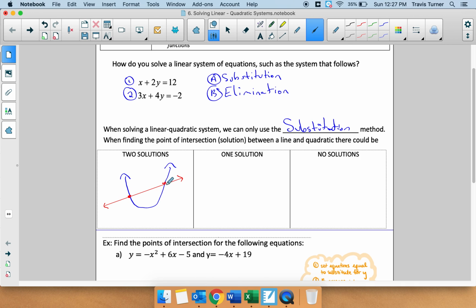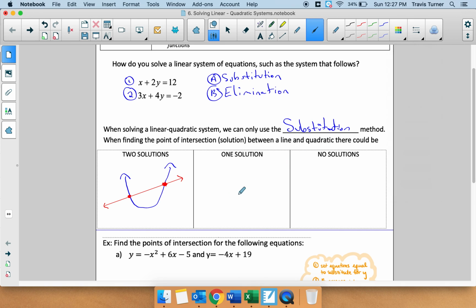And there's lots of applications of this in real world, and we're going to talk about some of them. You could have something where you throw it up and it hits a parabola-shaped thing twice, or you could think of it as a business model where you've got steadily increasing prices, and when is it going to match some other quadratic-related function. Anyway, we can have two solutions, something like that.